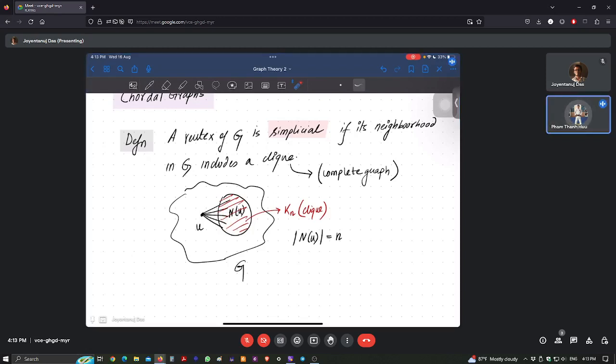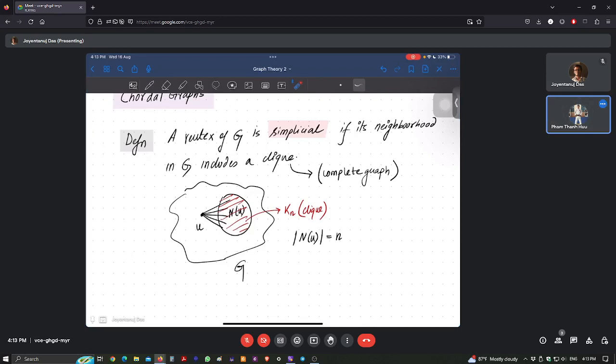So N(u) is nothing but a set of vertices. If I restrict to that set of vertices, and that is a clique, then I say that u is a simplicial vertex.